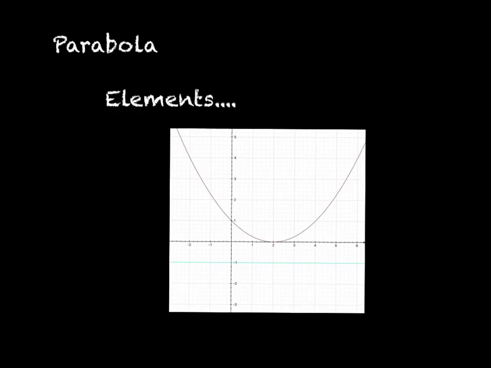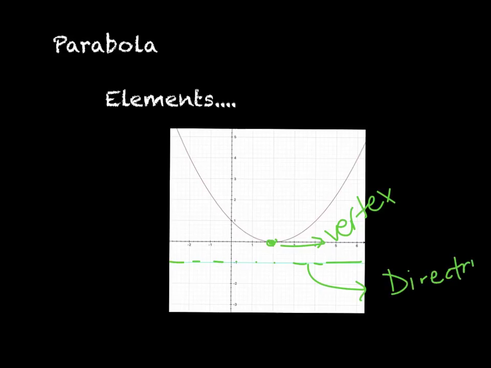Another thing to take into account are the elements of the parabola. I'm going to use the same sketch so you can see. This point over here, we know that point since Math 2. It is called the vertex of the parabola. The line, which is this, is called the directrix of the parabola.